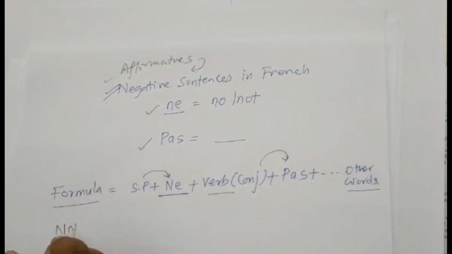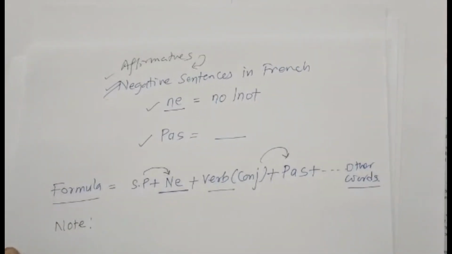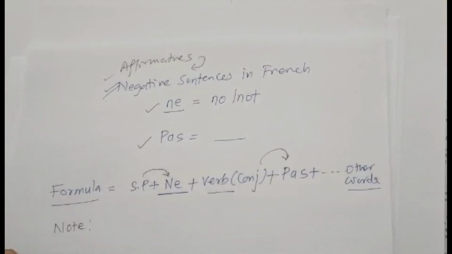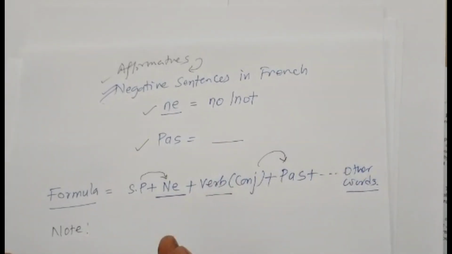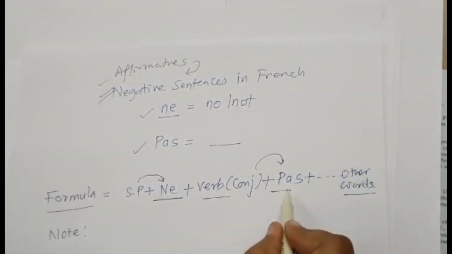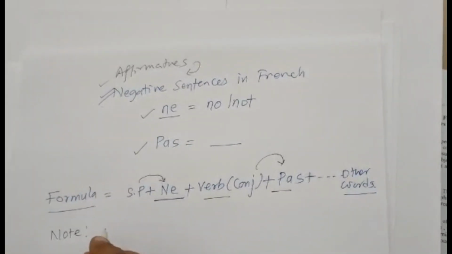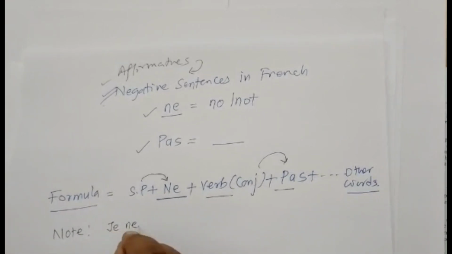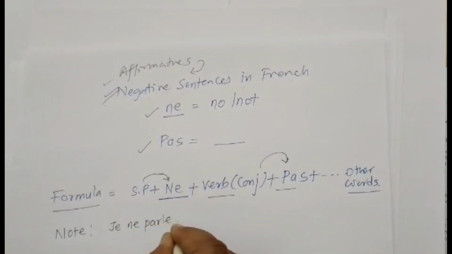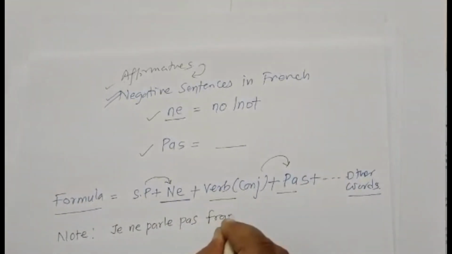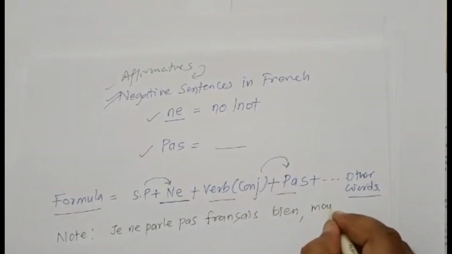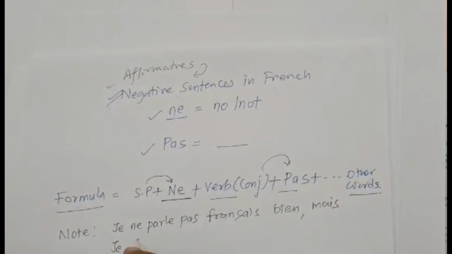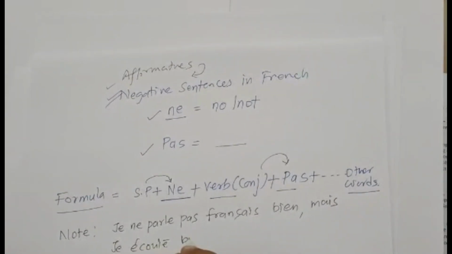But here you need to note one thing: whenever we are writing two verbs in one single sentence, the verb that is conjugated, the action word, will be written with pas. Likewise, if I write the sentence like that: je ne parle pas français bien, mais j'écoute bien.